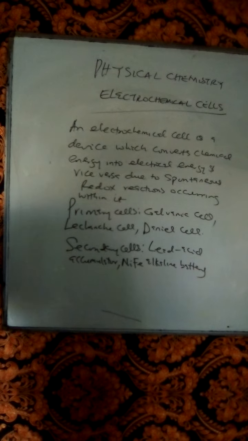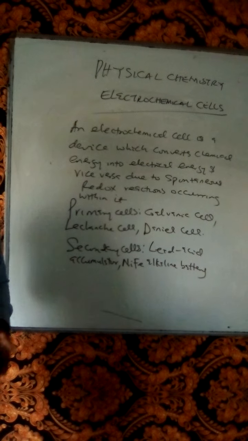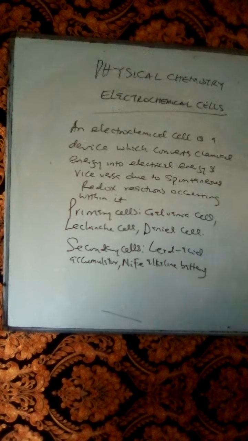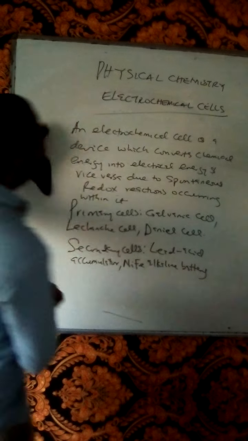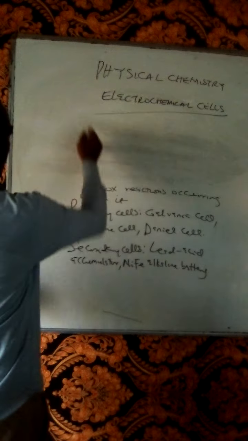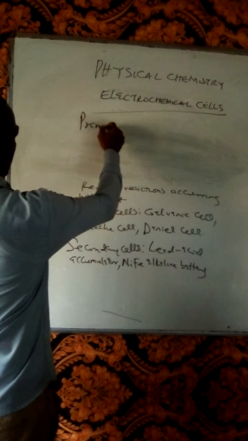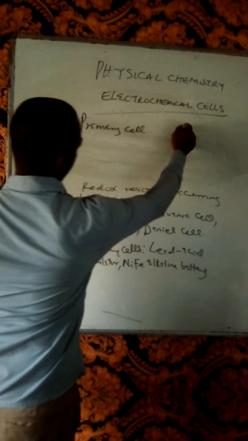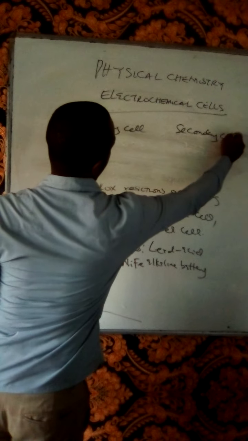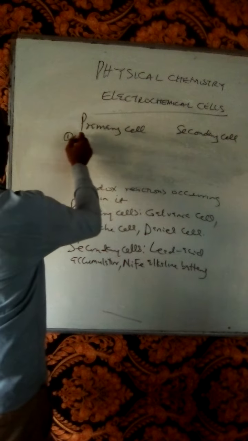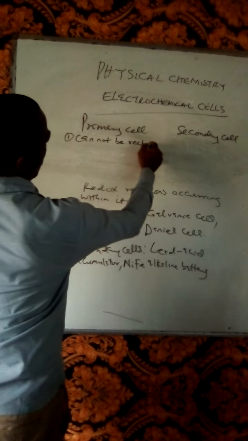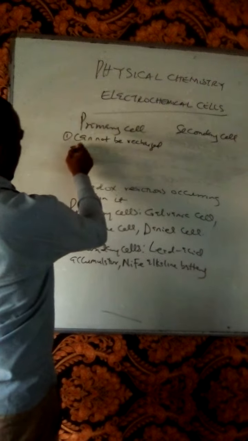So, having done this, what are the differences between primary and secondary cells? The primary cell cannot be recharged after discharging.